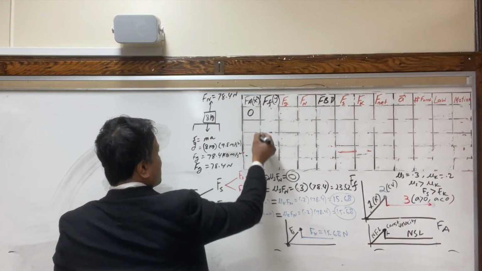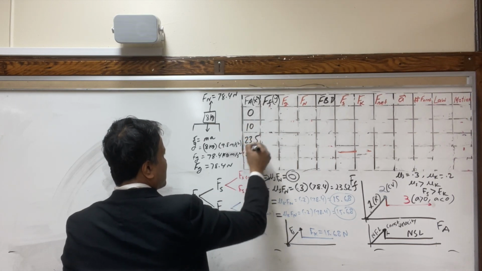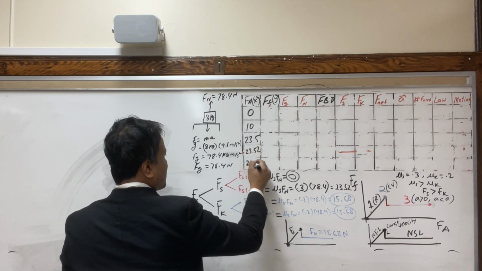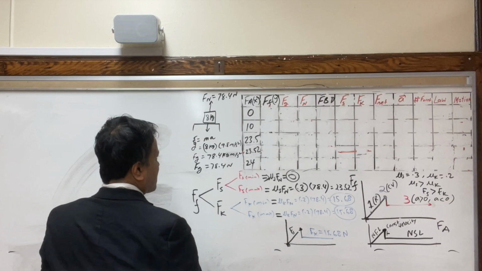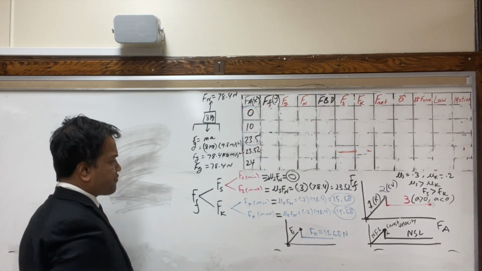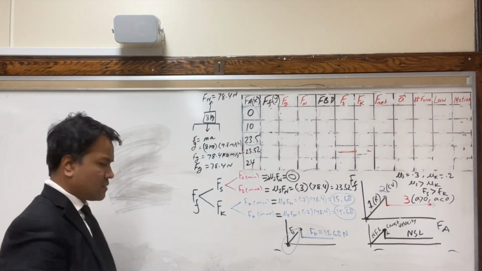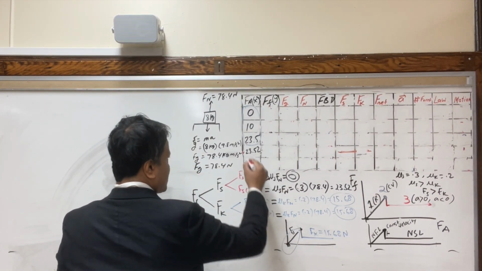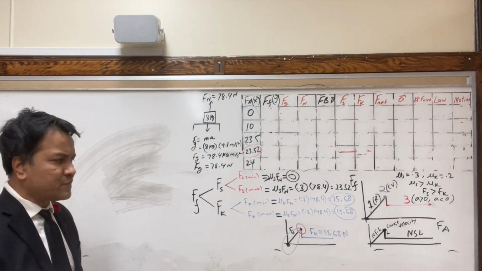Let's say 0, let's say 10, let's say 23.5, 23.52, and 24. We're going to be these three. You notice this one is location 2.